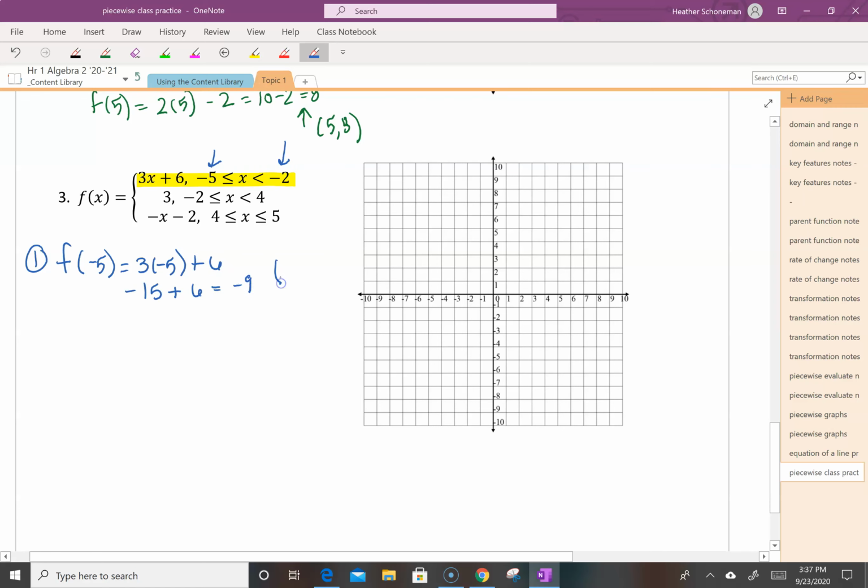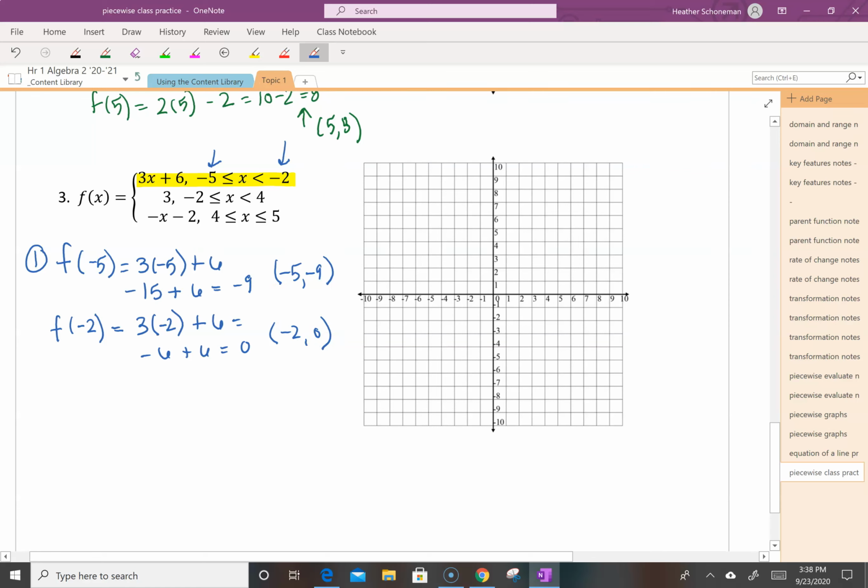So my starting point is -5, -9. Now I need my ending point. Well, I know my ending point is going to be at -2. So I'm going to plug in -2. So I have 3 times -2 plus 6. Well, that gives me -6 plus 6, which is just 0. So my ending point of that line is -2, 0.